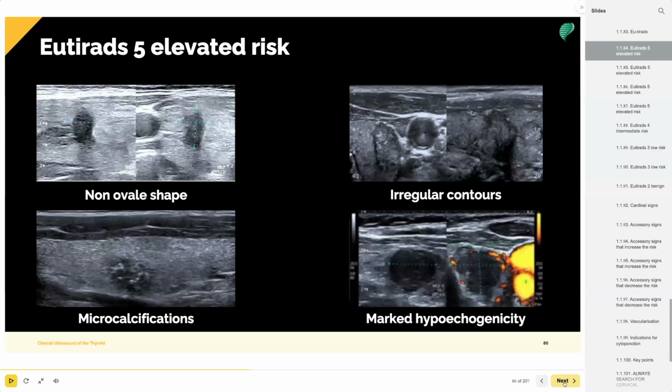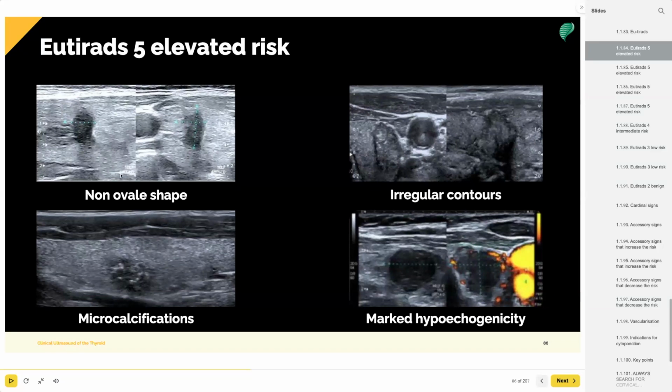All right, in this slide, we have a few different images. So this image is showing a non-oval shape. So we can see that the shape is irregular in this image. And these images would fall into a score of 5.